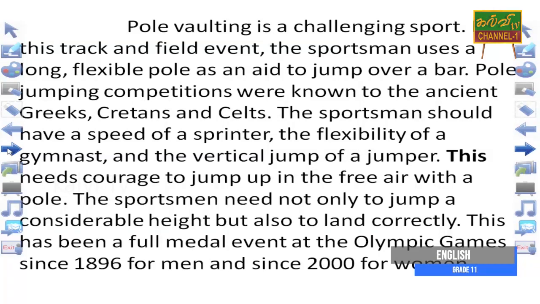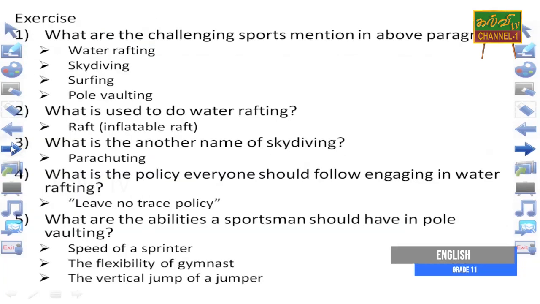This needs courage to jump up in the free air with a pole. The sportsmen need not only to jump a considerable height but also to land correctly. This has been a full medal event at the Olympic Games since 1896 for men and since 2000 for women.